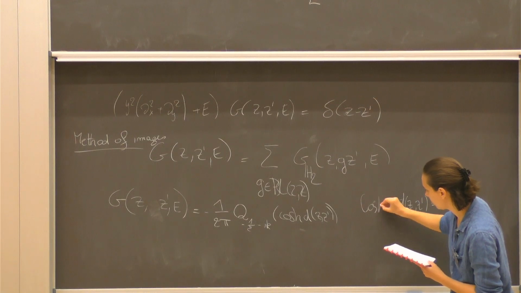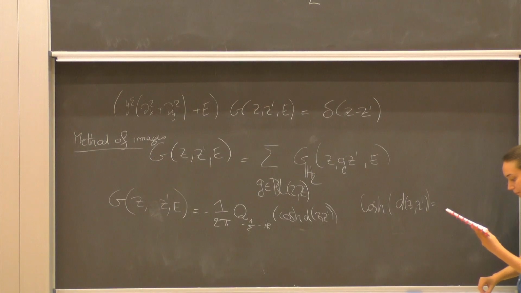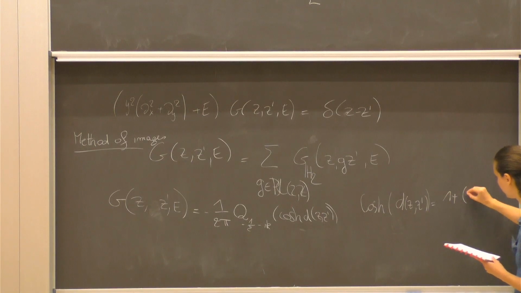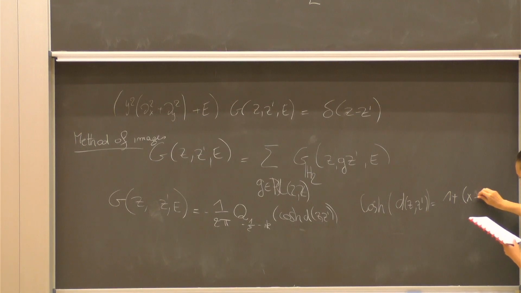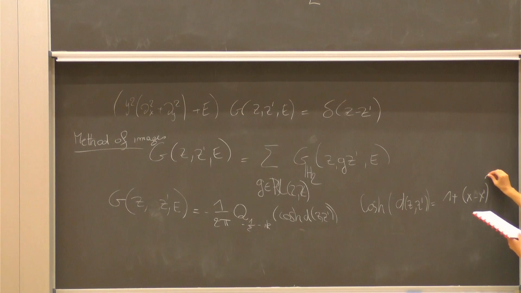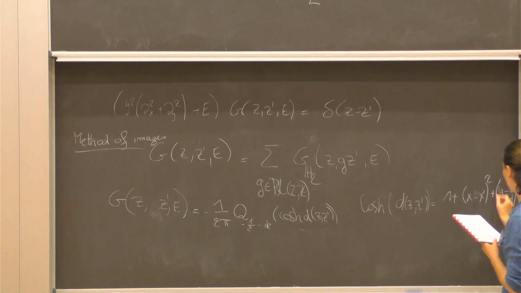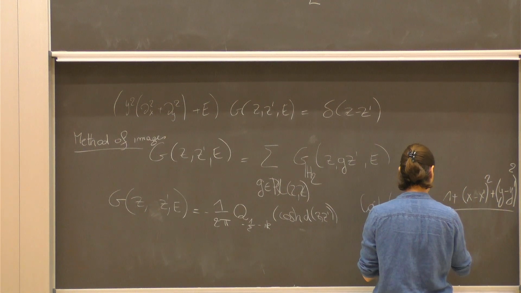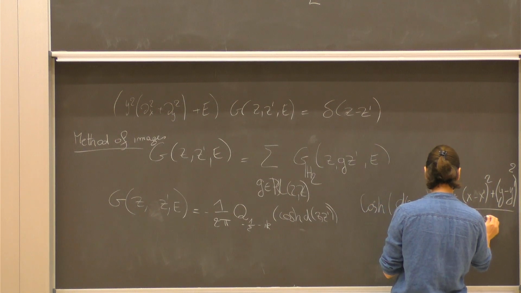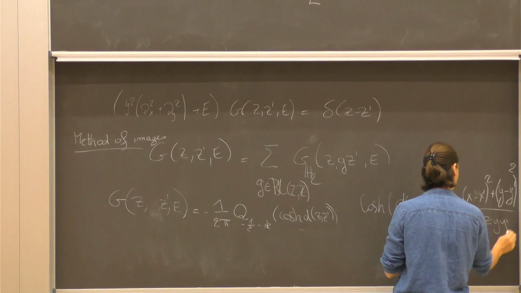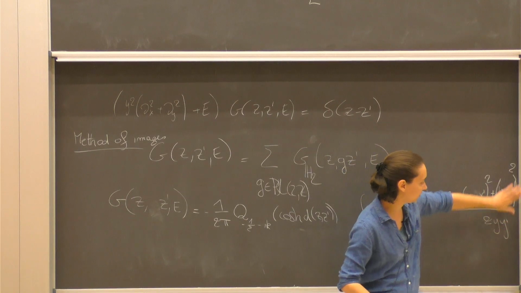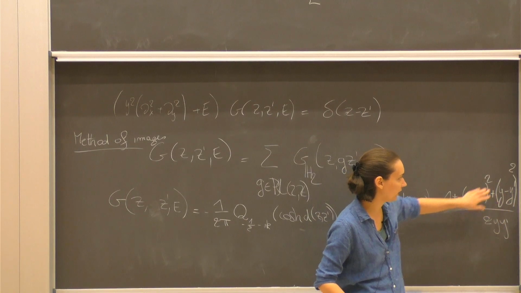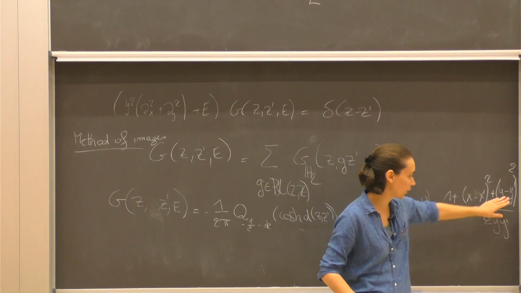So the cosh of the distance is 1 plus... Okay, so for those who might not see what's written here, it's basically the same as with the x's, with the square and everything, but for the y's.